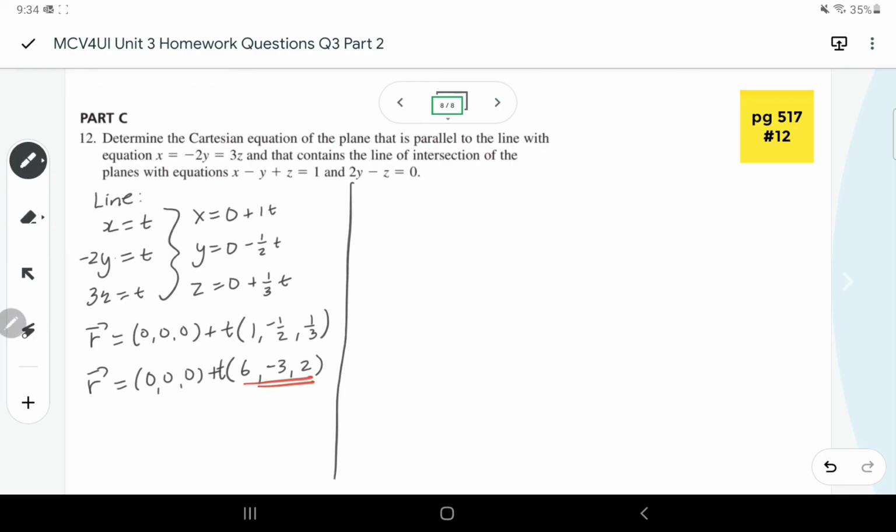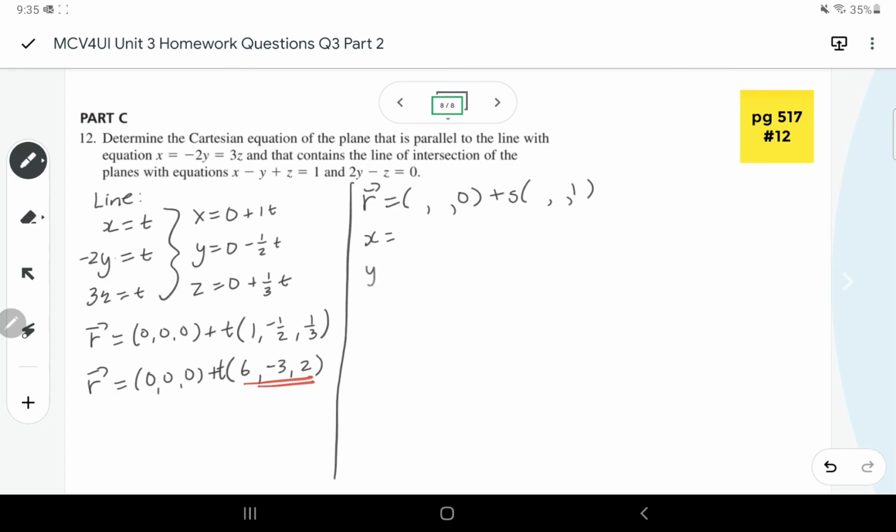So again, whenever I'm doing the line of intersection, I have t's used already in there, so I'm going to form something like this where I just pick a 0 and a 1 there.